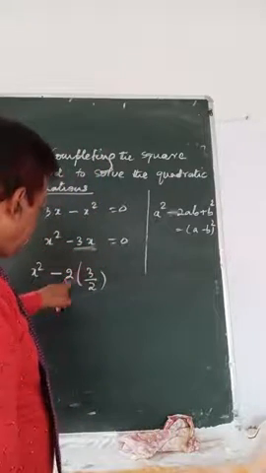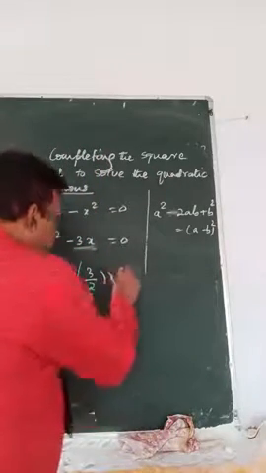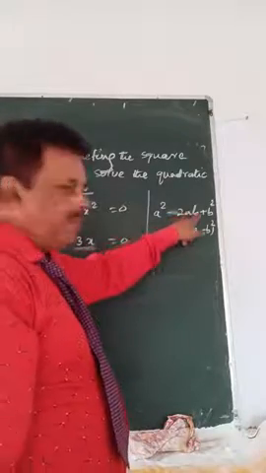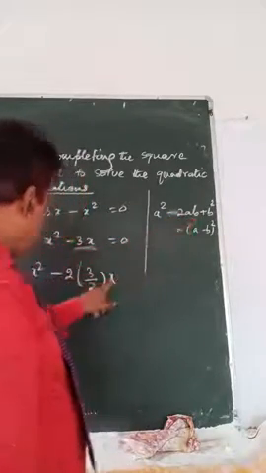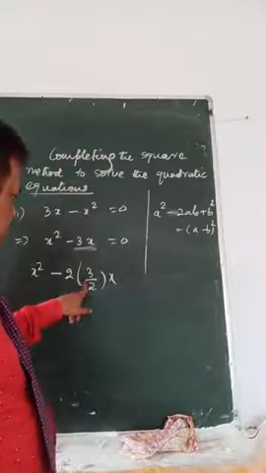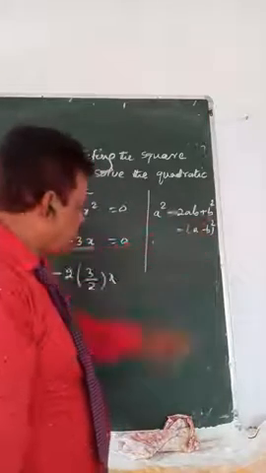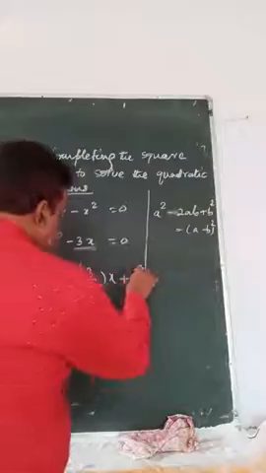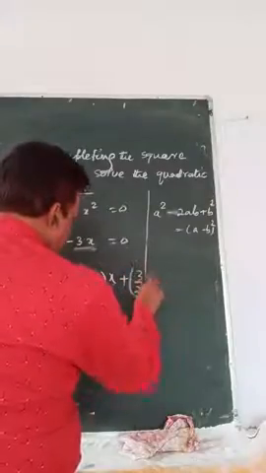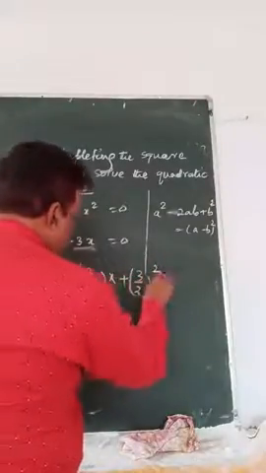Whatever you multiply, the same you have to divide. Now look at 2ab. So a is x, b is 3 by 2. Now you need plus b square, so you add (3 by 2) square, and minus b square.